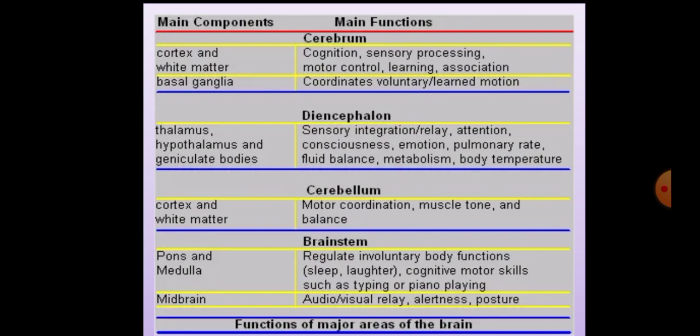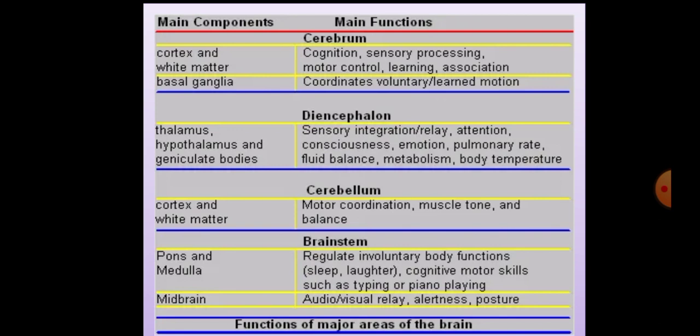These are controlled by diencephalon, which mainly has these components: thalamus, hypothalamus, and geniculate bodies. Cerebellum contains cortex and white matter. Its main functions are motor coordination, muscle tone, and balance.